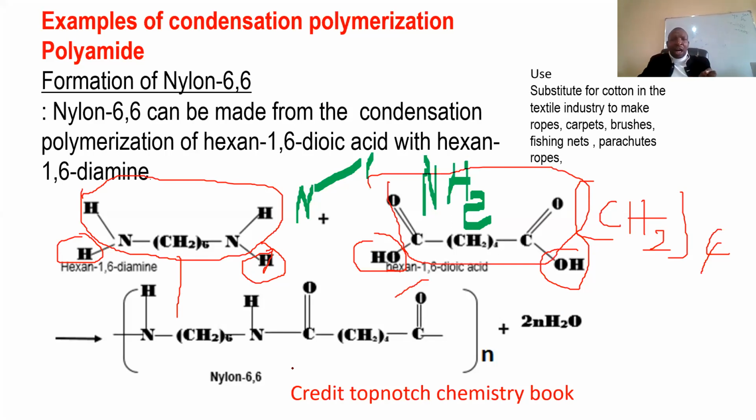And there you have your nylon 6,6. Why do you call it nylon 6,6? Because it's made up of two monomers, each of which has 6 carbon atoms. That's why we call it nylon 6,6. It is used as a substitute for cotton in the textile industry to make ropes, carpets, brushes, fishing nets, parachutes, etc.